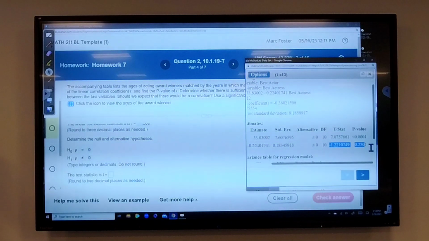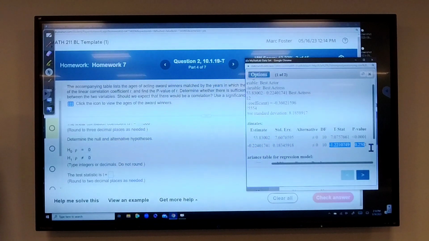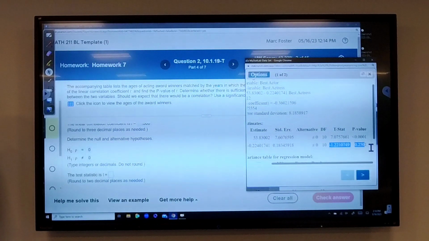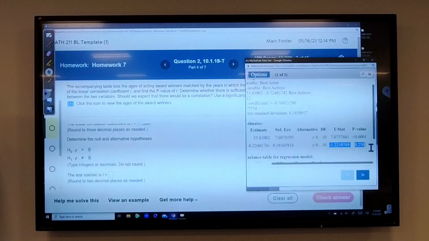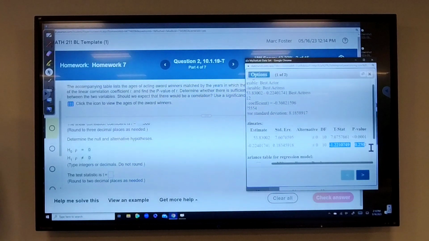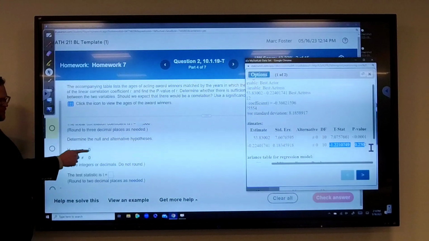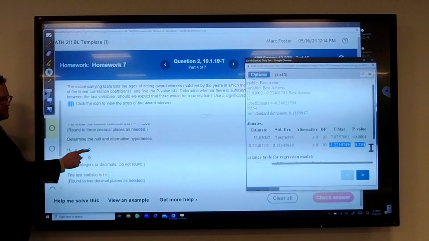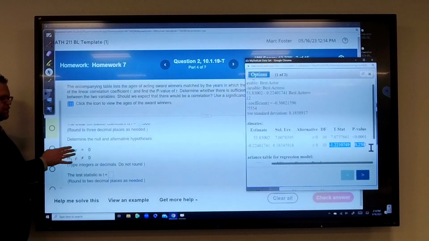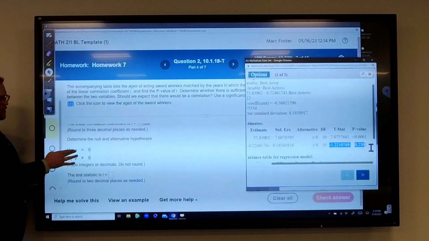Look at that p-value. 0.25. 25% chance I'd be wrong if I reject H0. That's this one. This one says that the correlation of the population is not there. And I don't want to reject that one. 25% chance I'd be wrong.